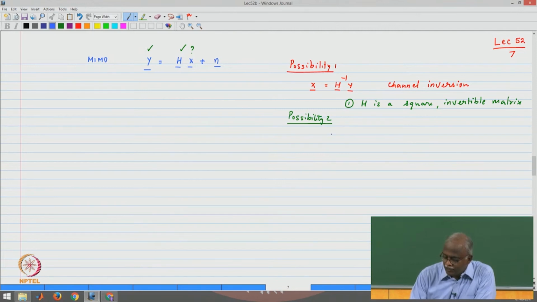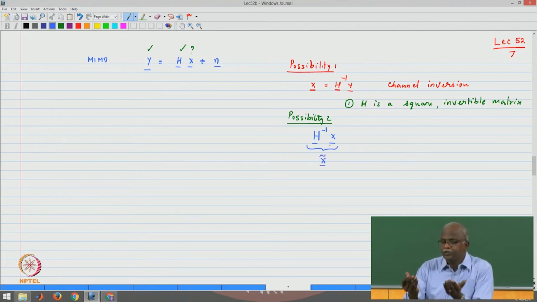So, basically instead of transmitting x, you transmit h inverse times x. So, at the transmitter itself, we are making a modification of the transmitted signal. So, instead of transmitting x, we are transmitting h inverse times x.